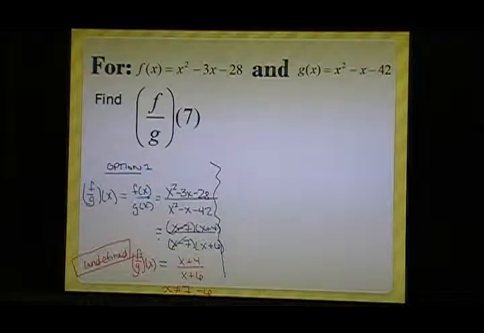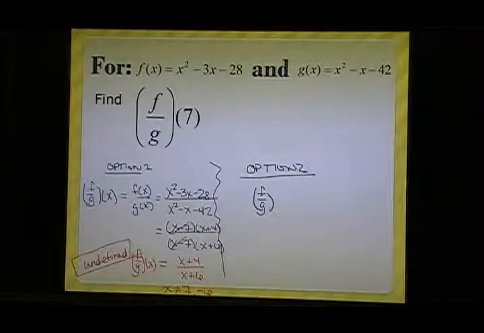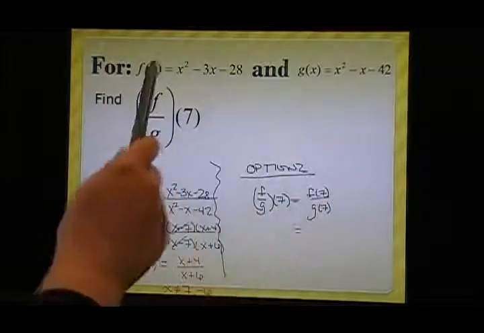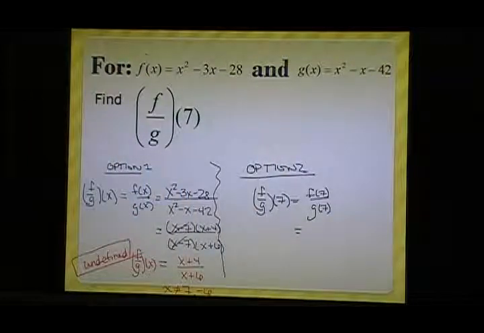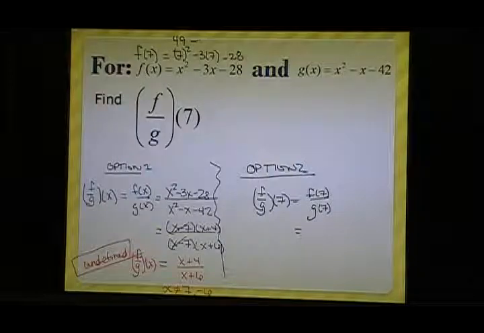The second option, don't forget, to find f over g of 7, we can do f of 7 divided by g of 7. So when looking at those values, if you substitute 7 into f, we have f of 7 equals 7 squared minus 3 times 7 minus 28. So that's 49 minus 21 minus 28.